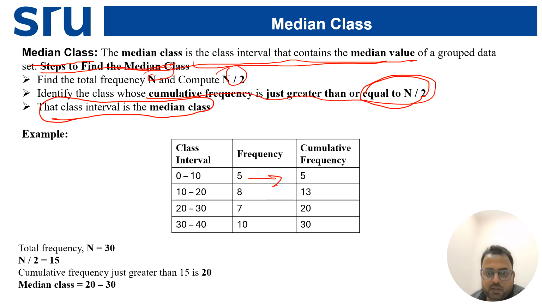Adding all frequencies, the sum is 30. So 30 by 2 is 15. We can see that 20 is just greater than 15, so the corresponding interval is the median class. The median class is 20 to 30.